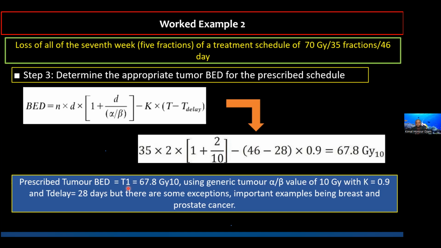Think about it, because 0.9 multiplied by 7 is 6.3. What that means is that it will reduce the tumor BED from 67.8 gray to 61.5 gray, which is an overall decrease of about 9%. Now, keep in mind that in this particular scenario, our normal tissue BED stays as originally planned.